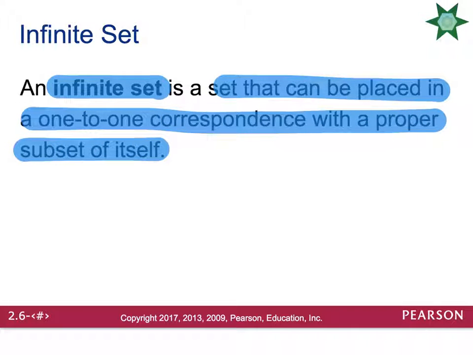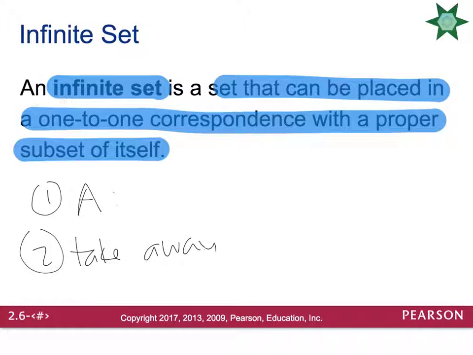Now that might seem a little abstract, but basically you take a set A, whatever it is, and you take away one item from A. And then we call it set B or whatever.